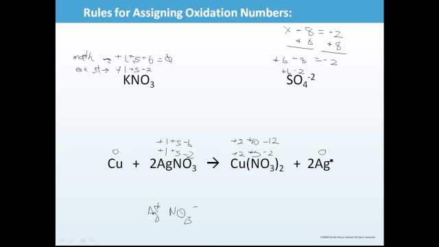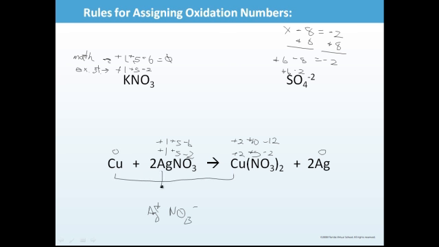Now everything has its oxidation state. Now we have to figure out which one was gaining or losing electrons. We determine that by figuring out which one changed oxidation state. If we look at copper, copper starts out as 0 on the left and ends up as a positive 2 on the right. So that definitely changed oxidation state.